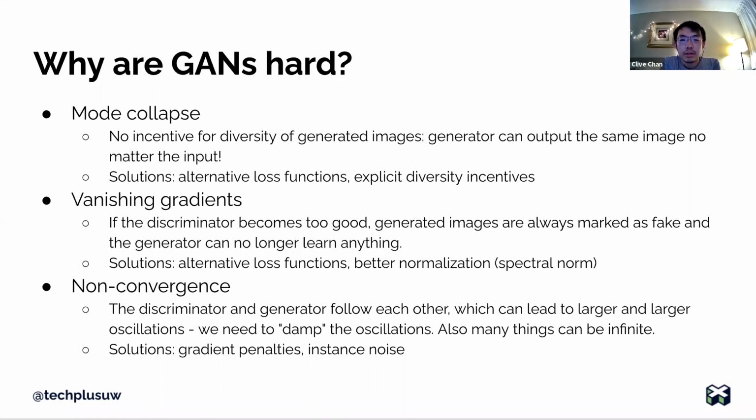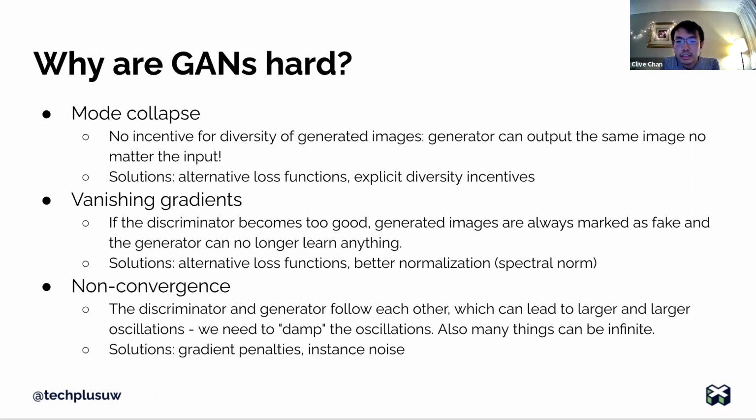So you don't really know whether the generator is generating anything different. So it can actually just output the same image no matter what, and the discriminator won't be able to tell. So there are some alternative loss functions. You can actually take multiple images into account. You have some explicit diversity incentives, stuff like that.